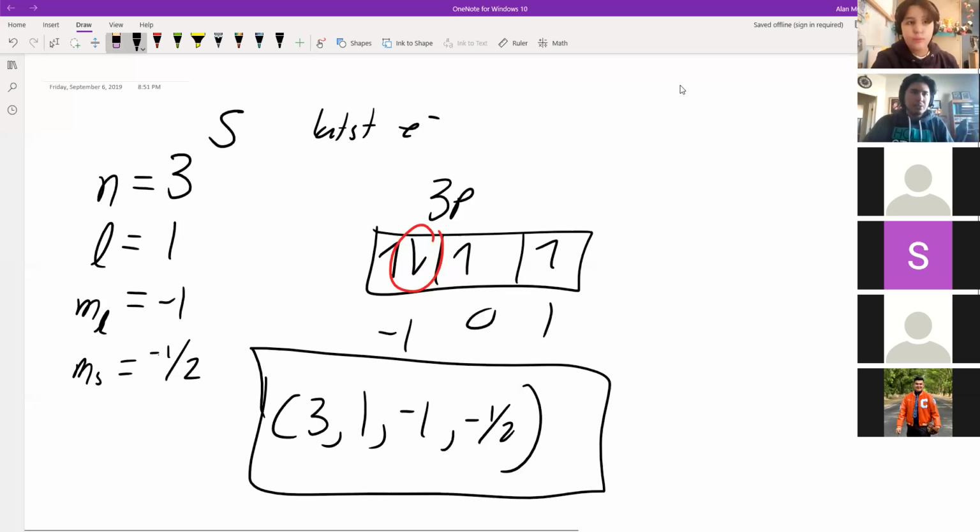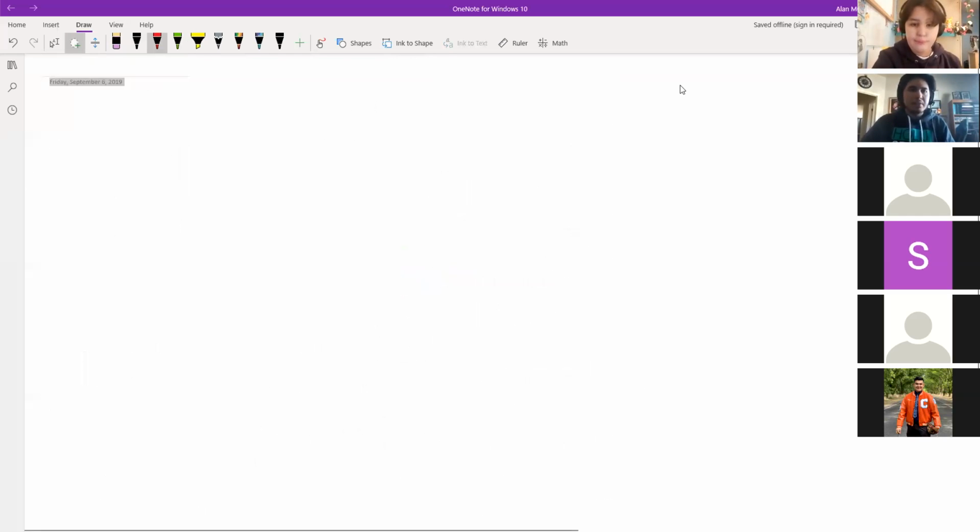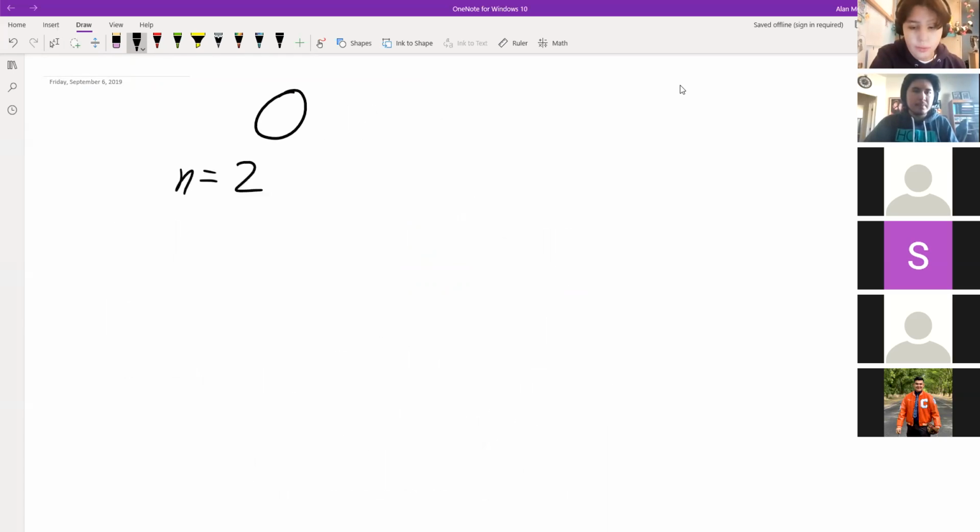So let's do another example. Let's say we want to find the last electron for oxygen. What would be the energy level of oxygen right now? 2. And what would be the ranges of L if n is equal to 2? 0 and 1. And since we're looking for the last electron, we know that 0 is s and 1 is p.